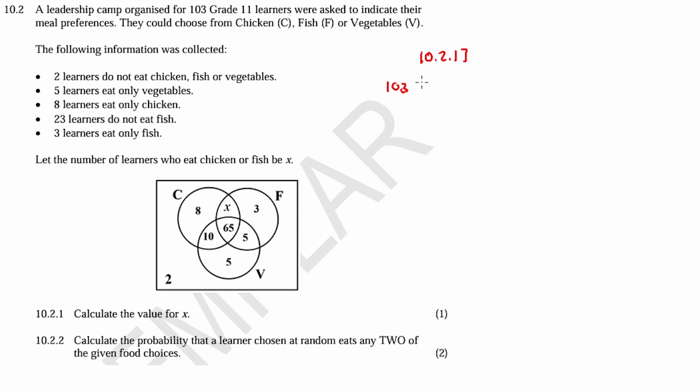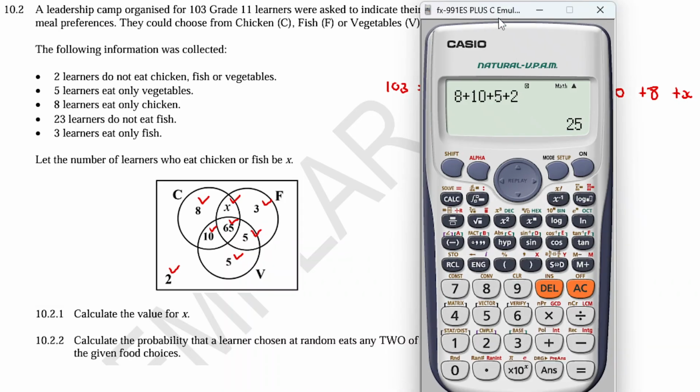So 103 is actually equal to 2 plus this 2, 5, this 5, plus 5, this 5, plus 3, this 3, plus 65, 65, plus 10, this 10, plus 8, this 8, plus X, this X. Then we add everything.